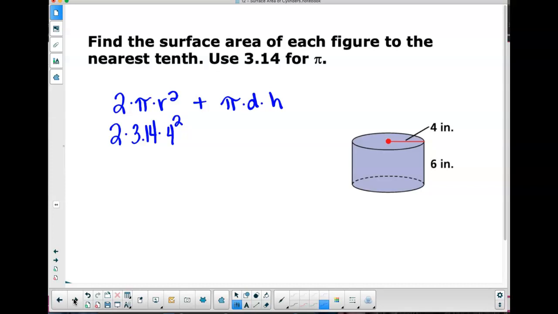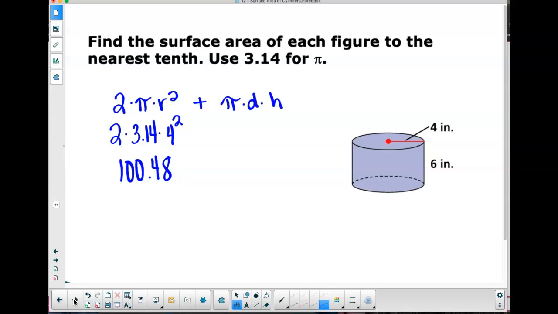Use your calculator. You can type that all in at once: 2 times 3.14 times 4 squared, or 4 times 4. Make sure on your calculator you got 100.48. Is that what you got? Everybody got 100.48? Then we have to do the second piece.